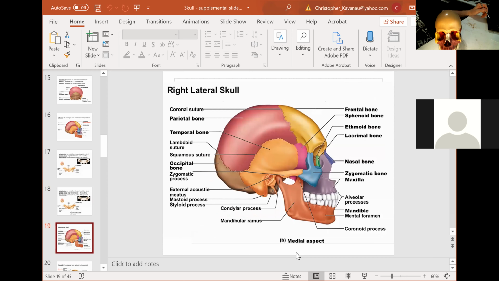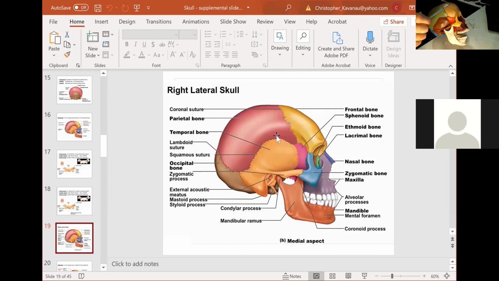Looking at the right lateral skull, so I'm going to turn, this is the right lateral skull, at least it's my right. We can just review the bones that we've been talking about. We have the parietal bone, the temporal bone, and the frontal bone.